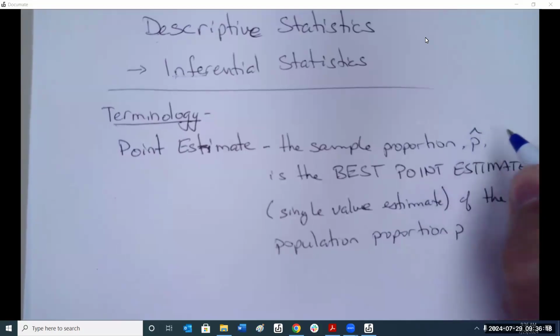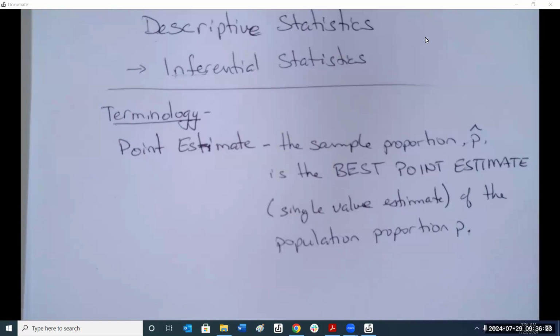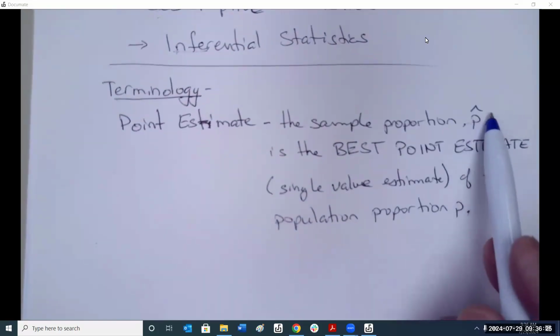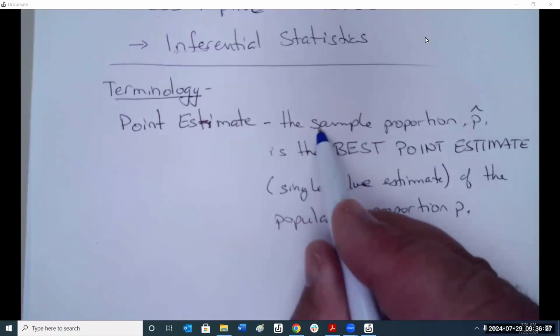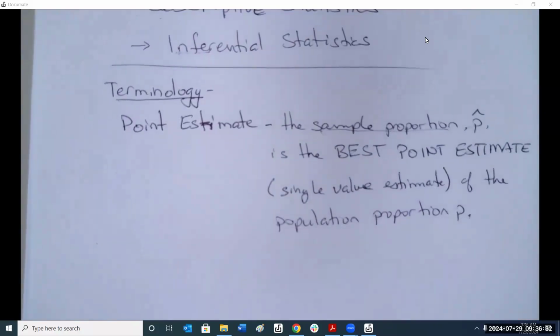So it's P hat. We're trying to take the single value, a sample proportion, P hat, that estimates the population proportion.